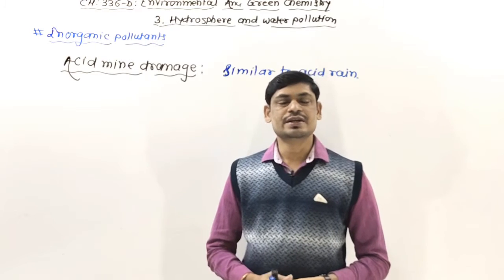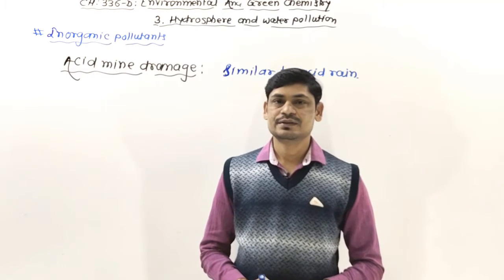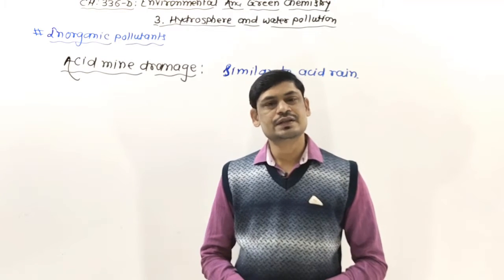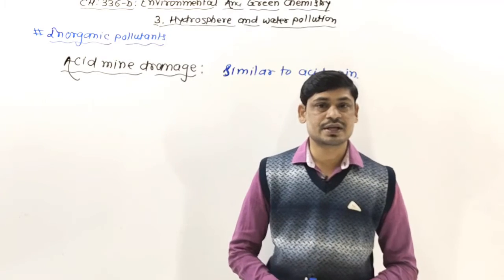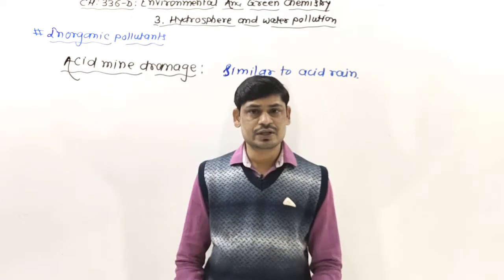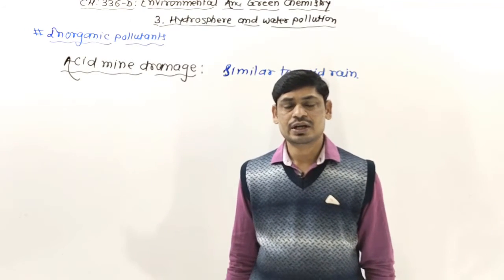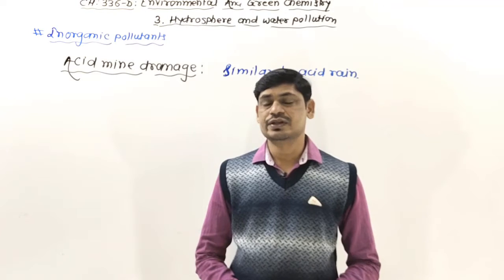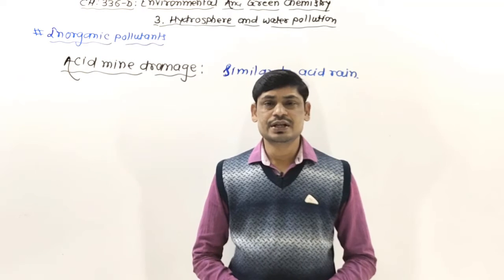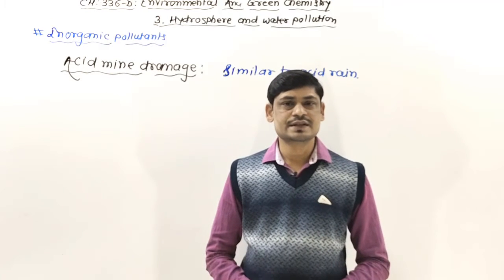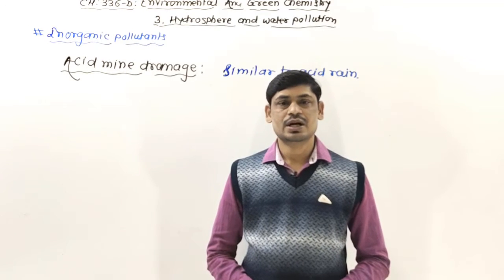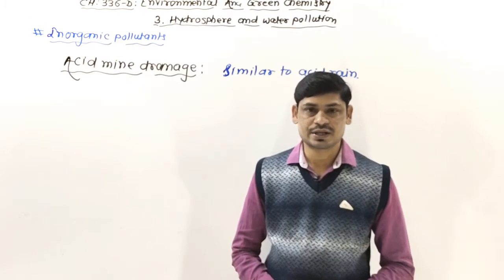The nitrogen containing and sulfur containing gases undergo a chemical reaction in the atmosphere, and it results in the formation of nitric acid and sulfuric acid. This nitric acid and sulfuric acid along with the rainwater come to the earth's surface, and obviously this rainwater becomes acidic. We call it acid rain. This acidic water has a very dangerous effect on living organisms. Most of the organisms and most of the plants are affected too much due to this acid rain.